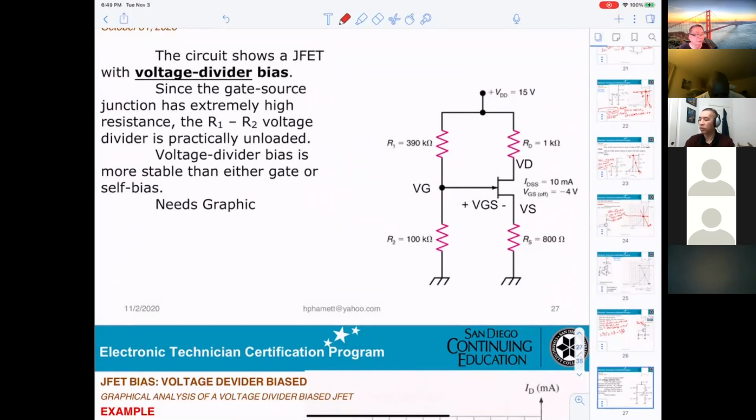Since the gate-source junction is extremely high resistance, the R1, R2 voltage divider is practically unloaded. Voltage divider bias is more stable than either gate or self bias. However, same thing, they need the graphic.